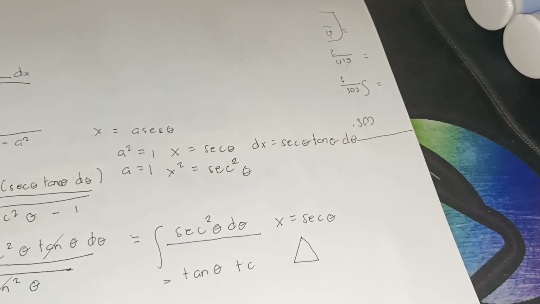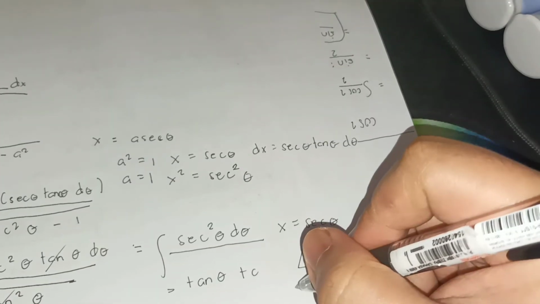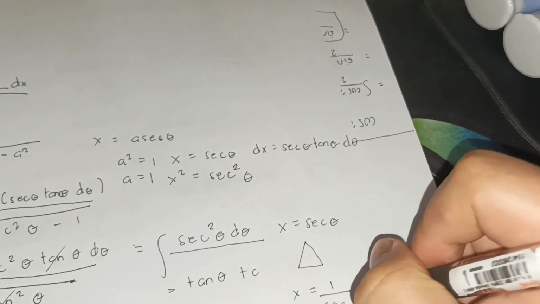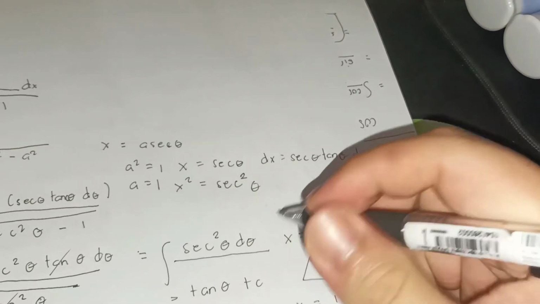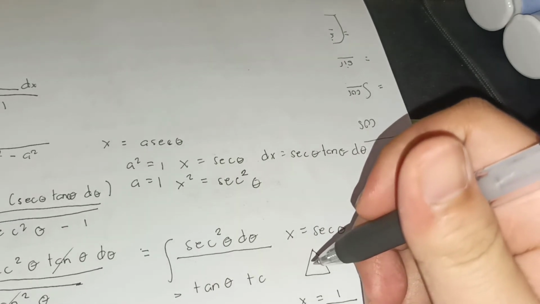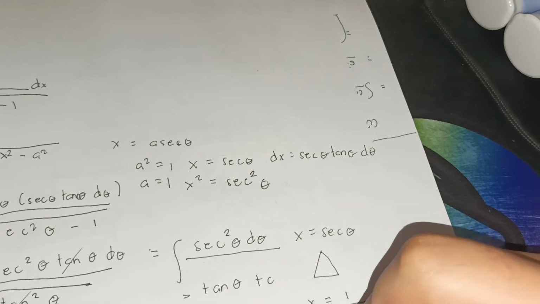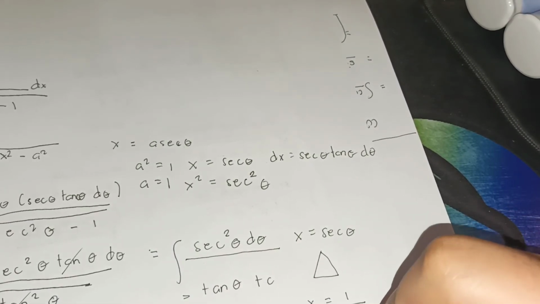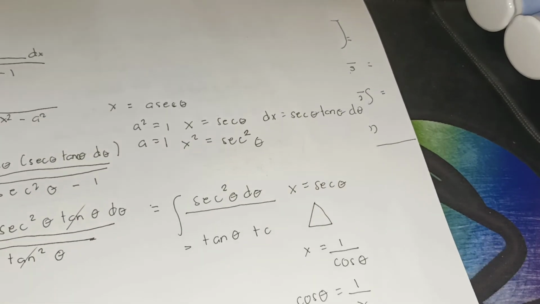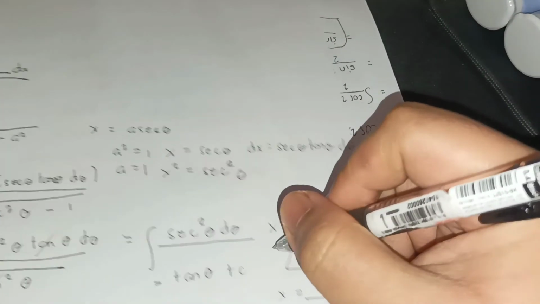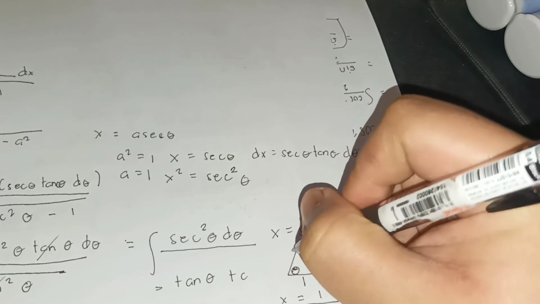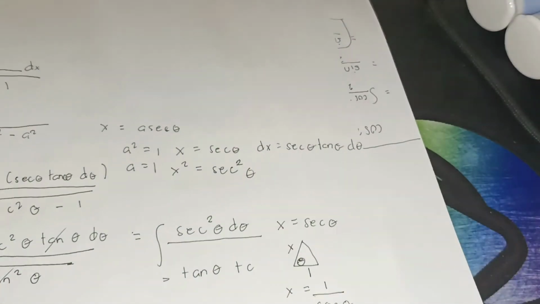Also, we all know that secant theta is equal to 1 over cosine theta, and we transfer cosine theta to the left side, so cosine theta equals 1 over x. And now I base our triangle here. We place here our adjacent, and then our x, which is the hypotenuse of our triangle.